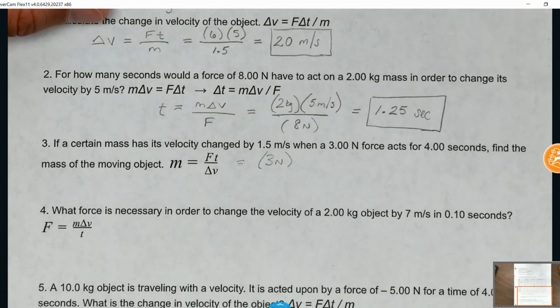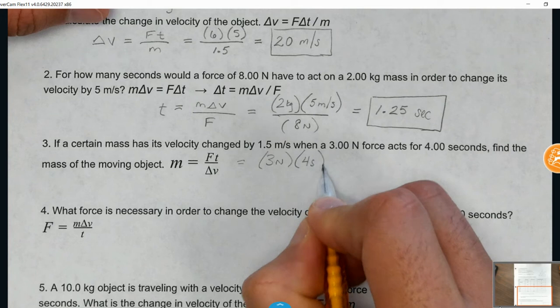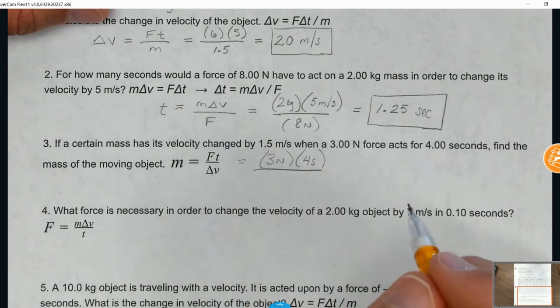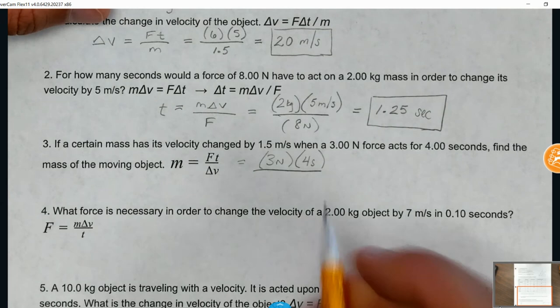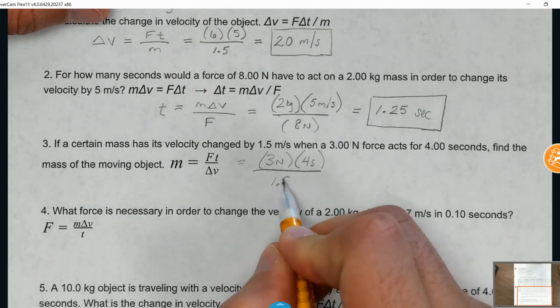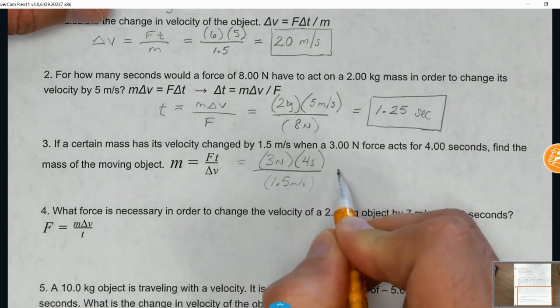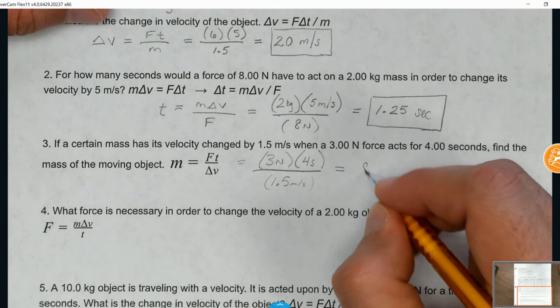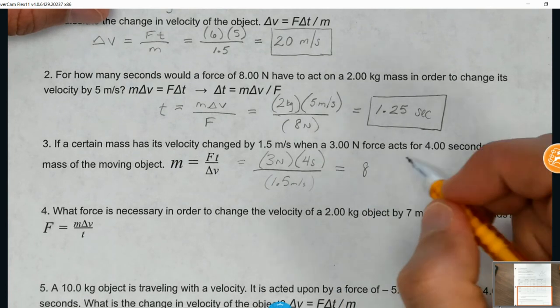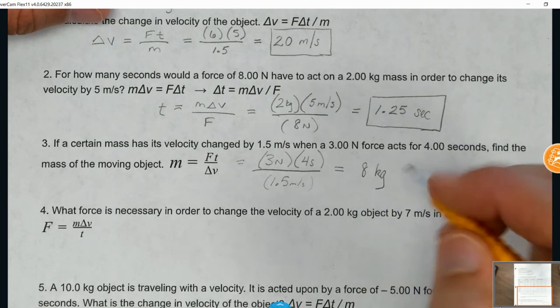How long did it act for? 4 seconds. And the change in velocity was 1.5 meters per second. 3 times 4 is 12. 12 divided by 1.5 should be 8. And our unit for mass is the kilogram.